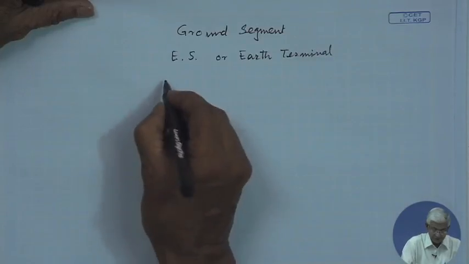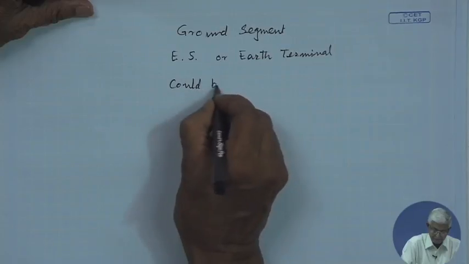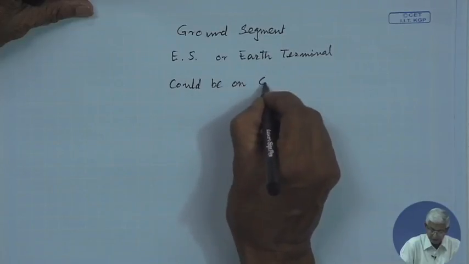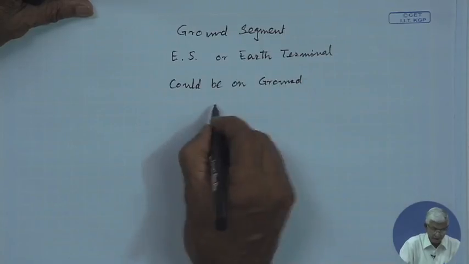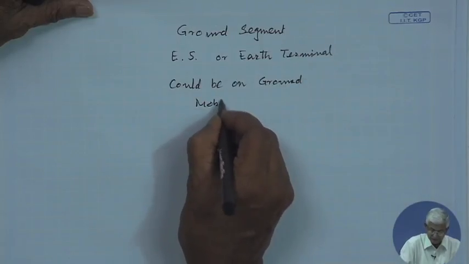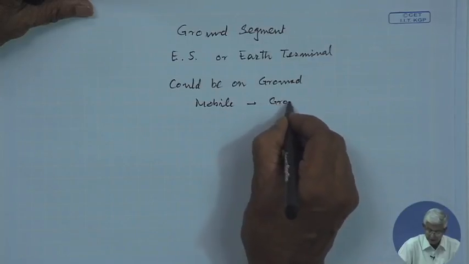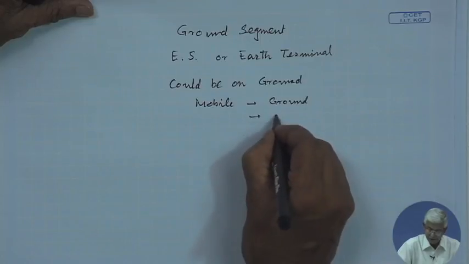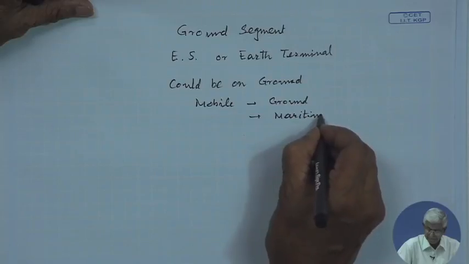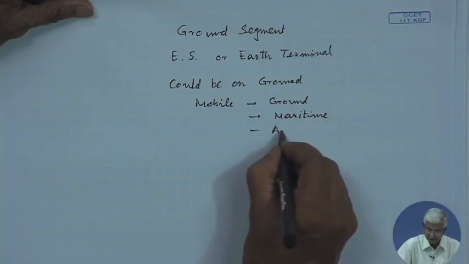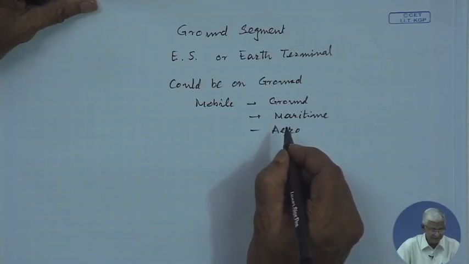So, it could be on the ground surface, or it could be mobile on the ground, or it could be mobile on the ocean, marine or maritime, it could be mobile in the air, could be mobile on another satellite.